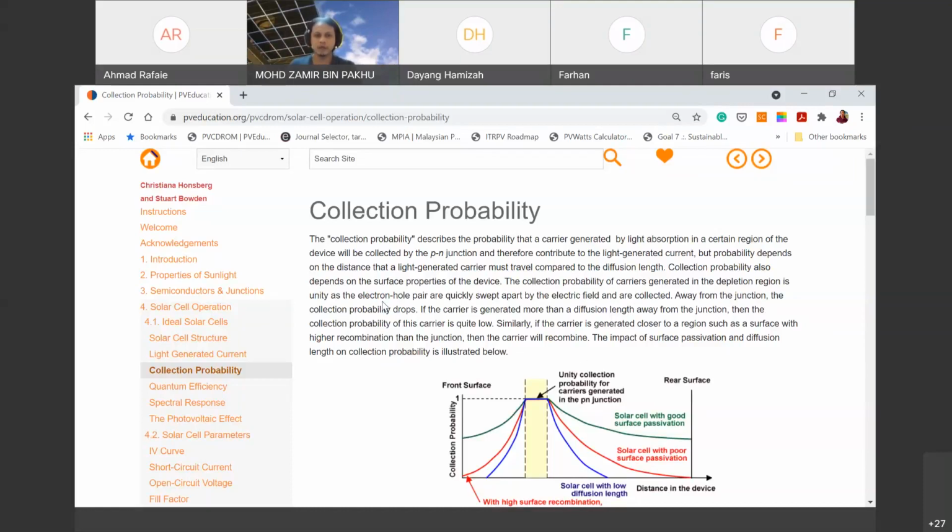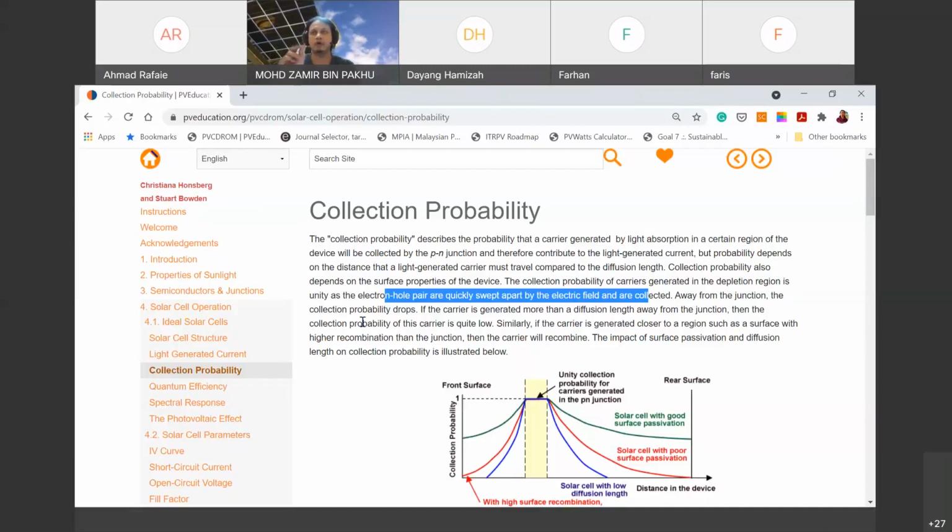It's unity because electron-hole pairs are quickly swept by the electric field at the junction. Remember we discussed the presence of electric field at the junction. It is the strongest in the junction region because we have the presence of space charge on both sides.